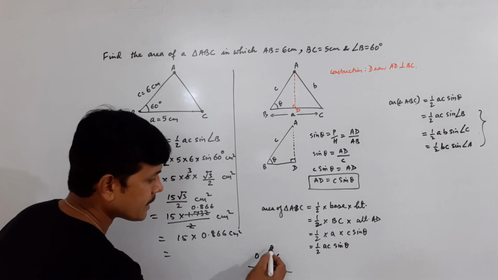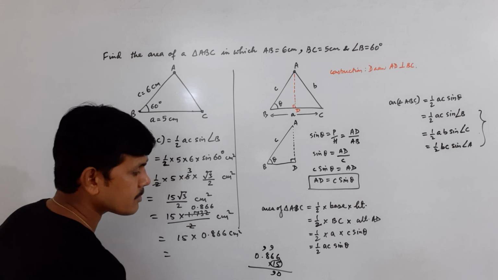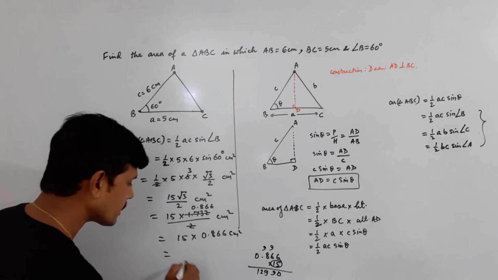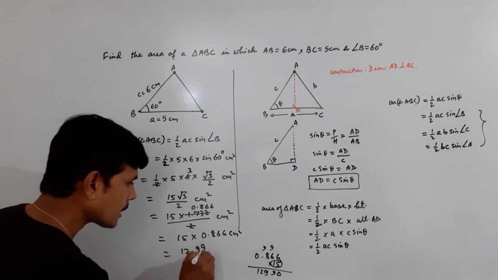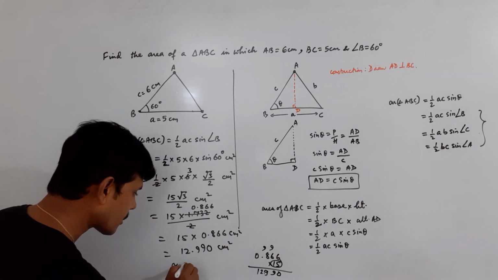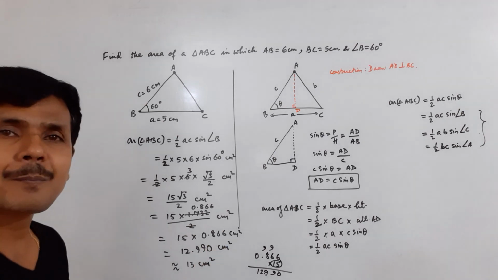Again 15 times 6 are 90. 90 plus 9 equal to 99. A 9 carried. 15 times 8 is 120. 120 plus 9 equal to 129. Now put 3 decimal places and write it over here. This is equal to 12.990 centimeter square, or you can write approximately 13 centimeter square.